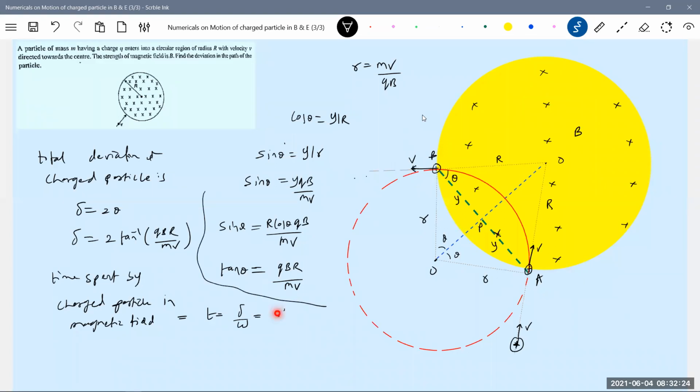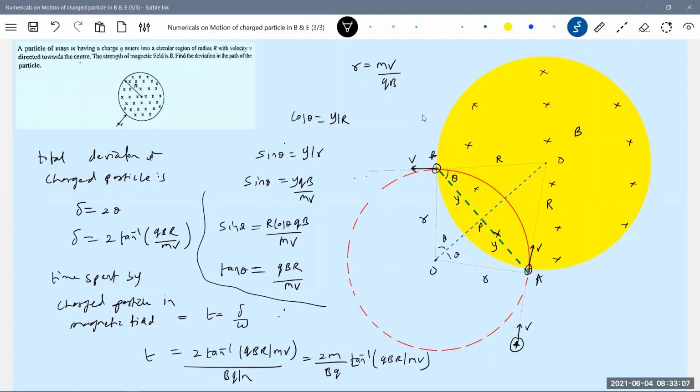The deviation is given by 2 tan inverse of qBR by mv. Then omega will become Bq by m. So this will become 2m by Bq tan inverse of qBR by mv. This is the time spent.